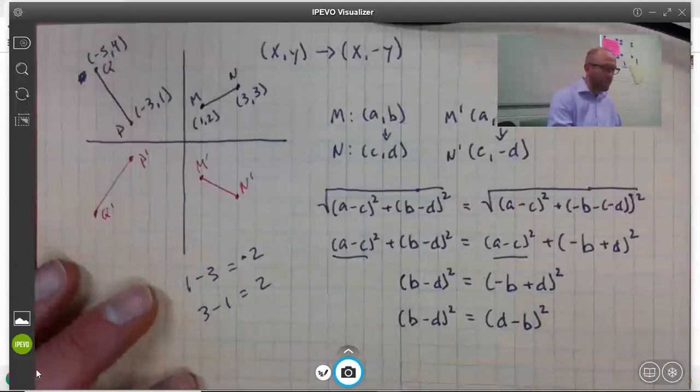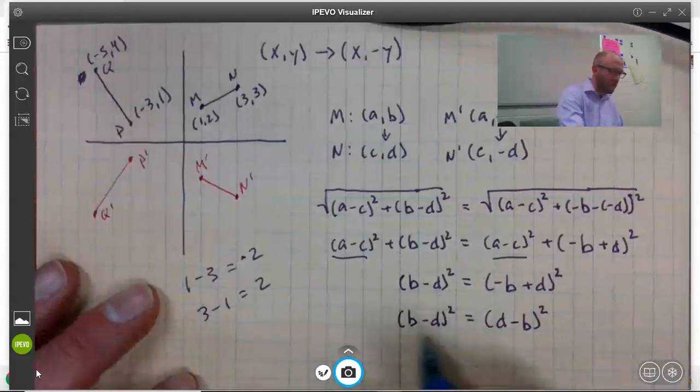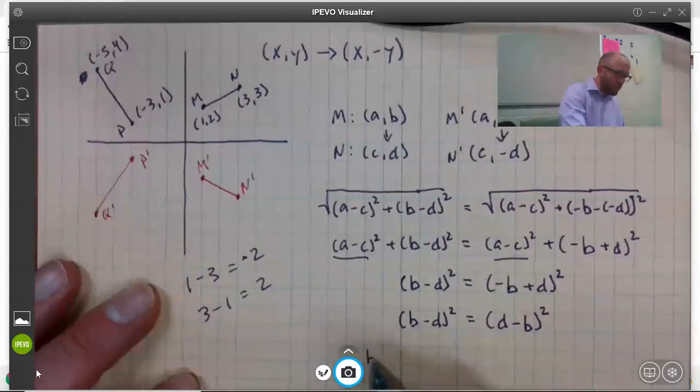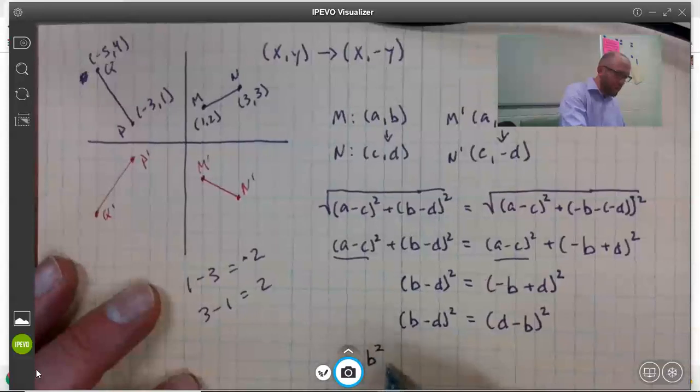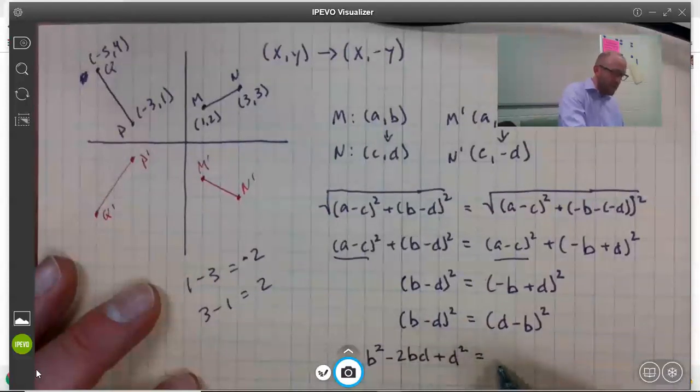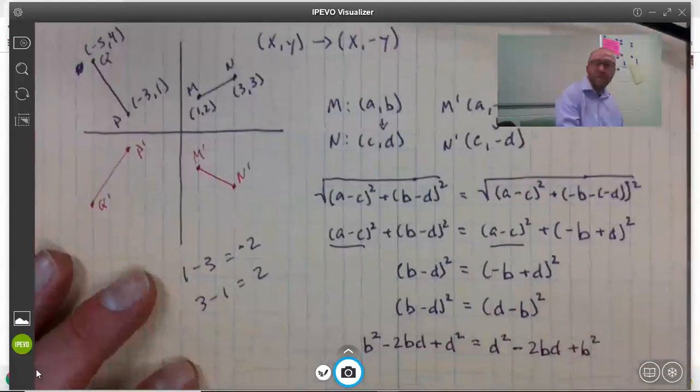But let's see if we can't do a little expanding here. We'll expand this binomial, and we get B squared minus 2BD plus D squared equals D squared minus 2BD plus B squared.